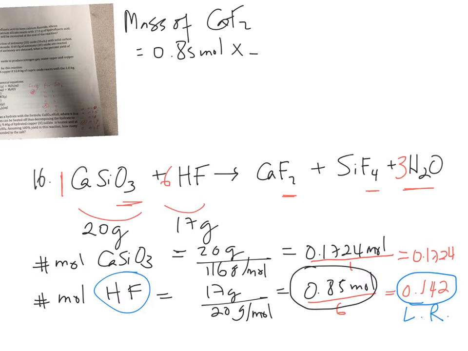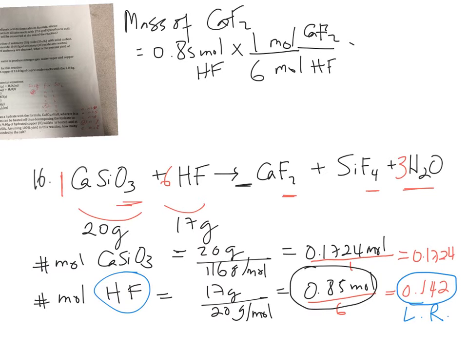Now I have to multiply this by my mole ratio between the stuff I'm looking for. This is 0.85 moles of HF, so I want to cancel that out, so I'm going to have HF here at the denominator, and the top would be the stuff I'm looking for, which is CaF2. Now I want the two coefficients. The coefficient of CaF2 is 1, so I'll put 1 here, and I put 6 for HF.